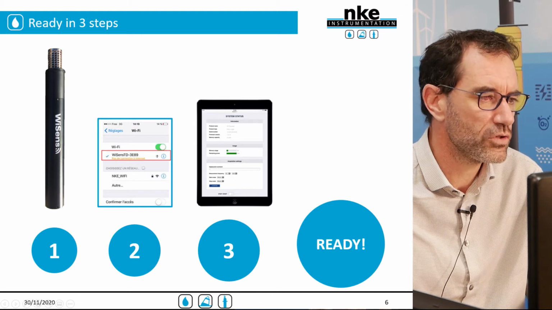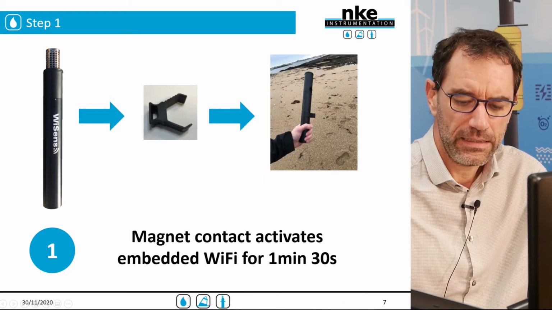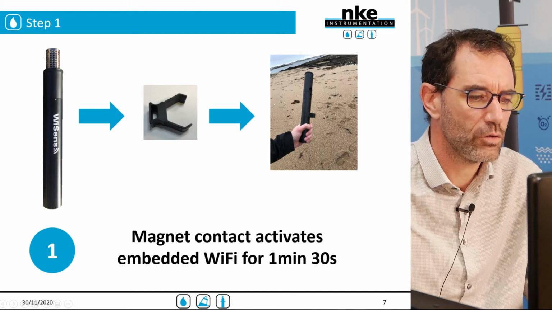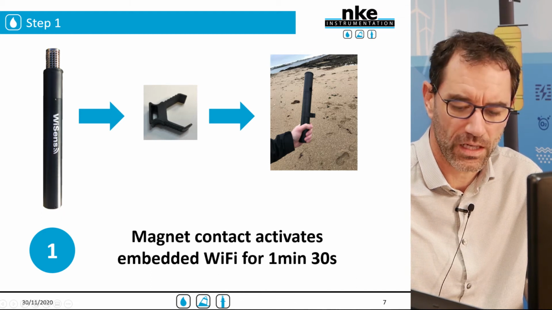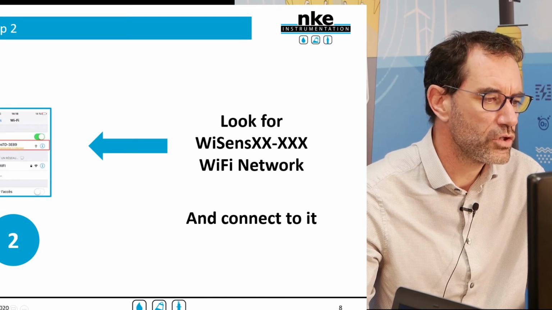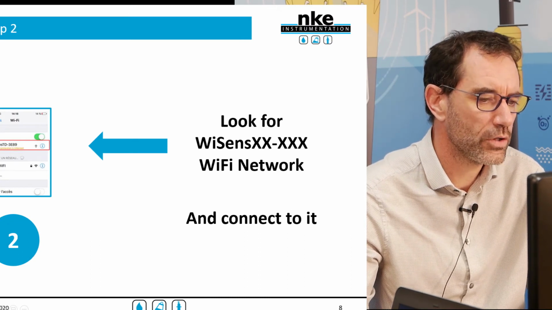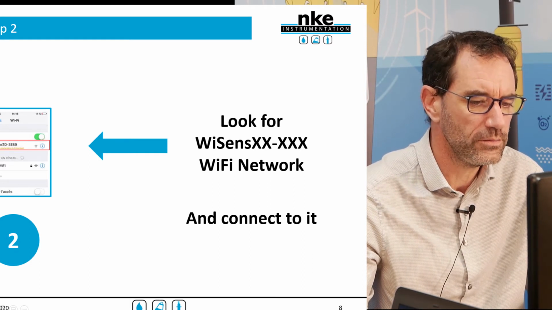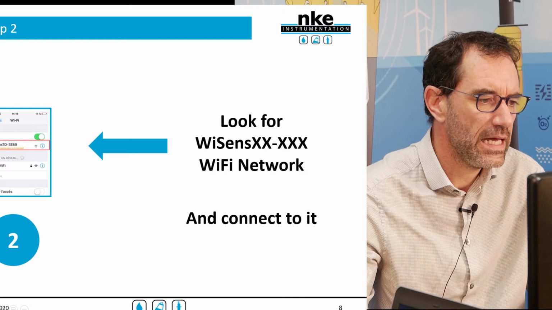So let's get ready to do the demonstration. As I told you, we clip the WiSens on the side of the data logger. After that, you search for the WiSens network in the Wi-Fi connections of your laptop, for example, and you connect to it.